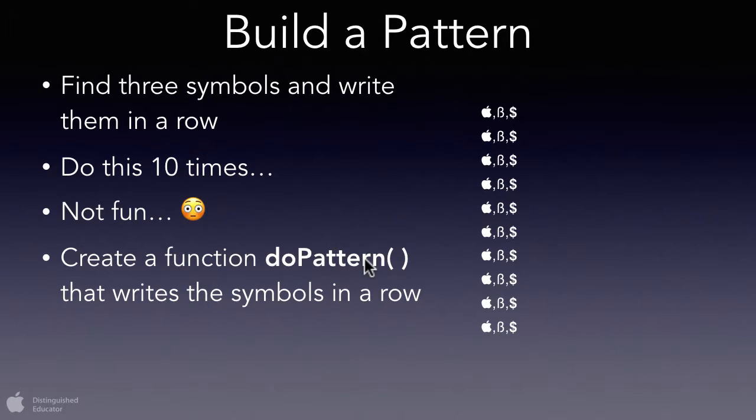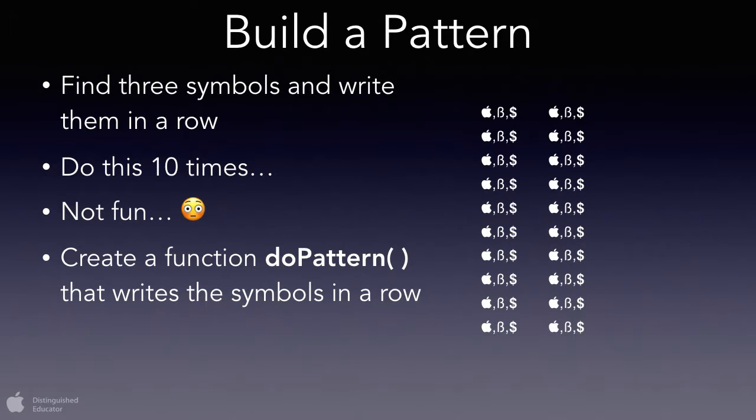And it's really important that you give things decent names inside your code, otherwise you will forget how it was meant to be working. Okay, so I'll create a function doPattern that writes the symbols in a row. And you have it like this. So you have to call the function 10 times.